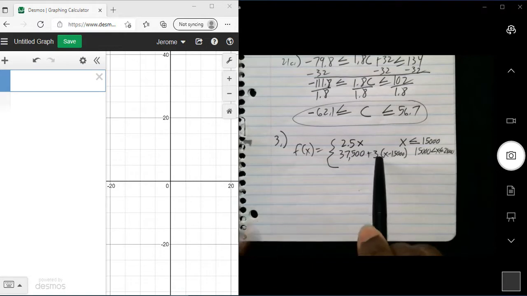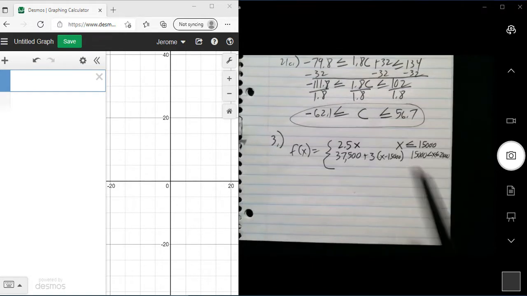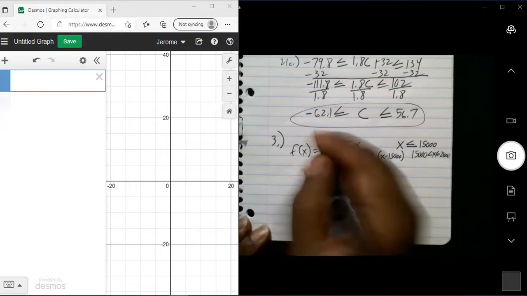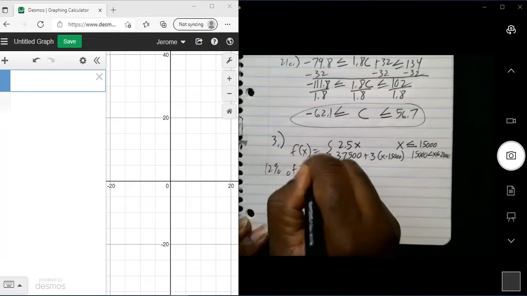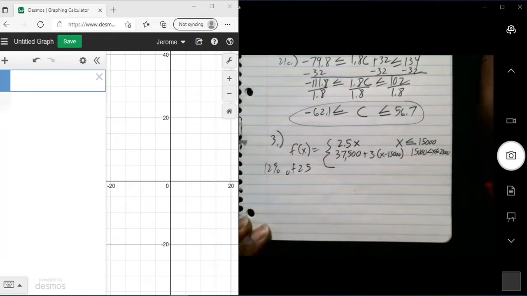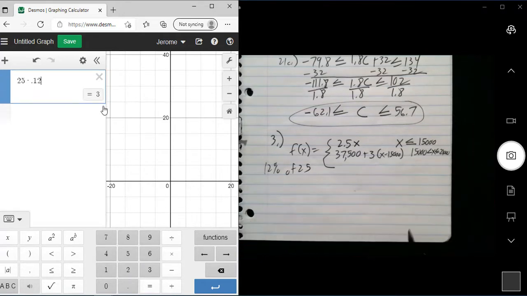This 3 that's outside this parenthesis actually came from the fact that we're going to make 12% of $25. So if you take 25 times 12%, that gives you 3. That's where we got the 3 from.